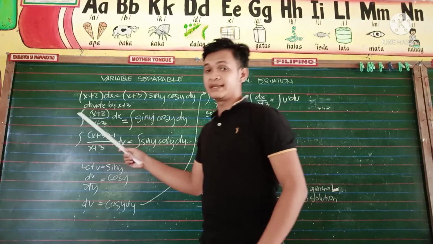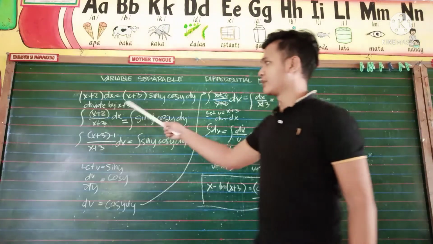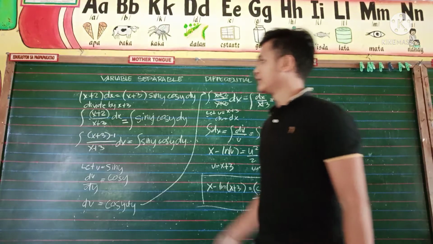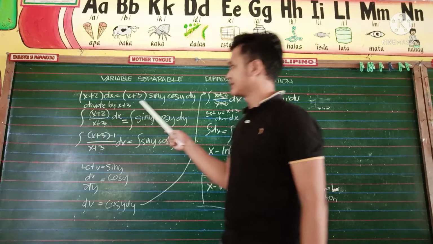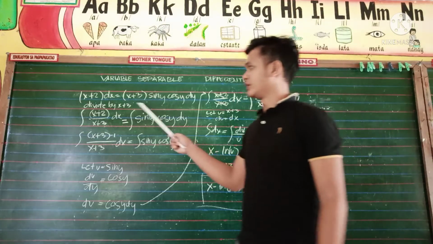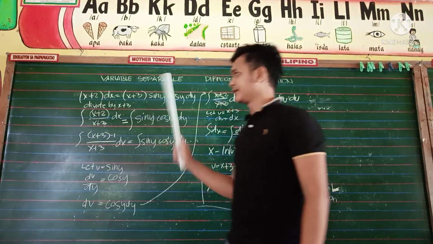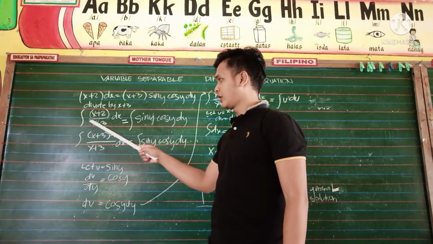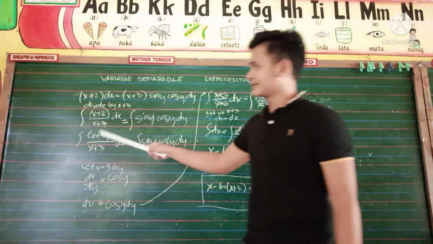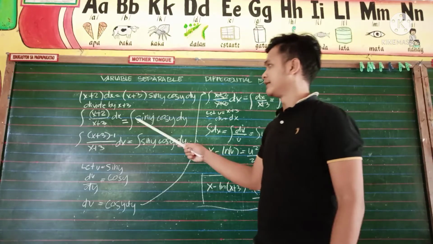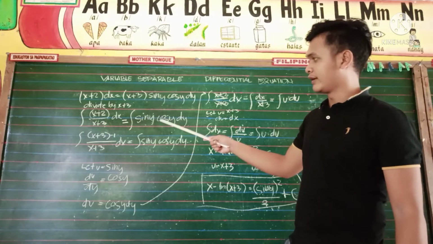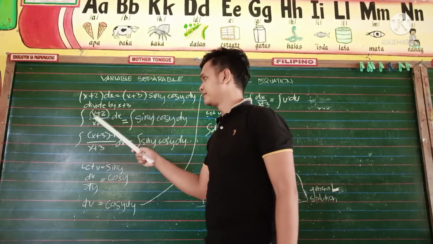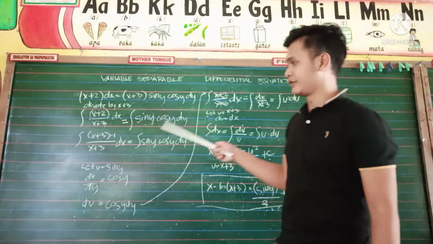Another example: x plus 2 dx is equal to (x plus 3) sin of y cos of y dy. So we need to eliminate the x plus 3 in the dy term. We'll divide both sides by x plus 3. So (x plus 2) over (x plus 3) dx is equal to sin of y cos of y dy. So we have already grouped the x term to dx and the y term to dy.